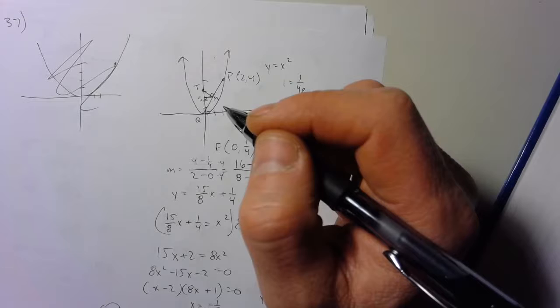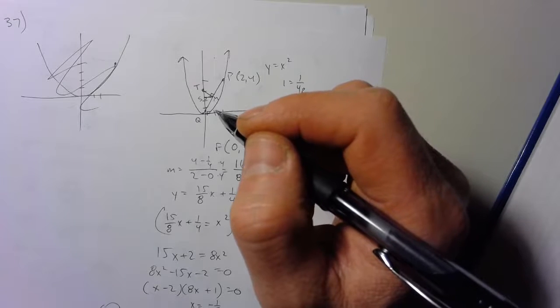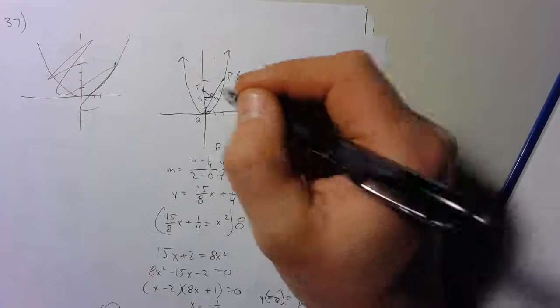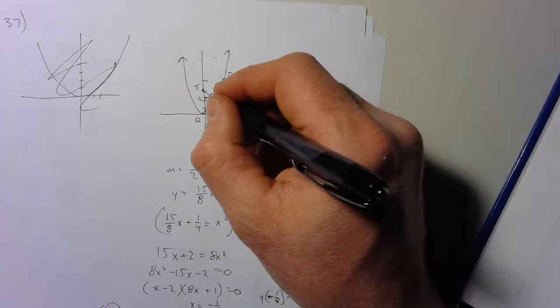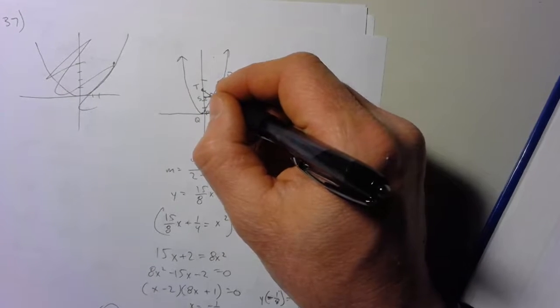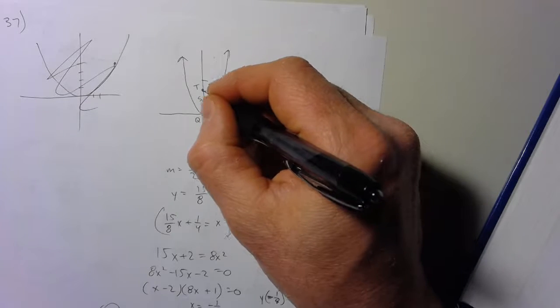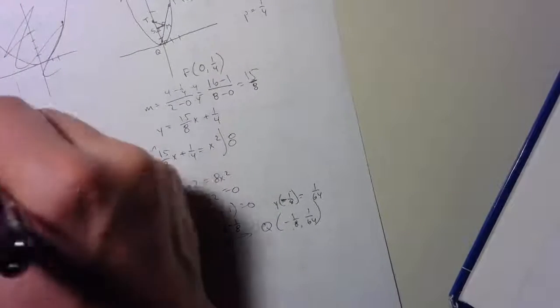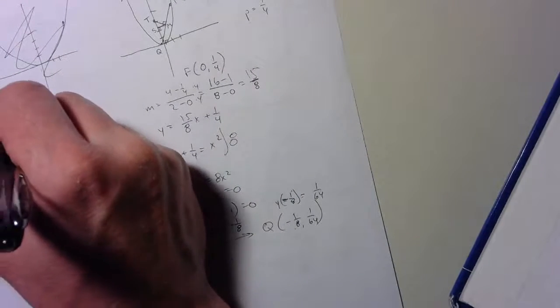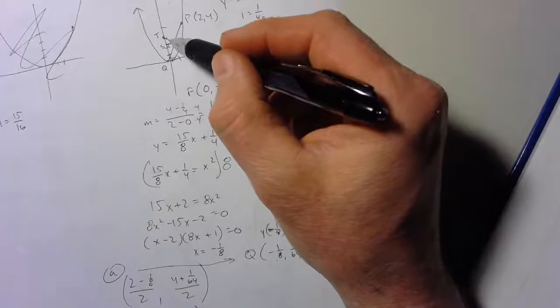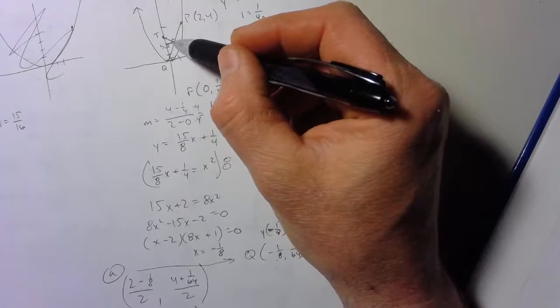Find ST and verify that it's equal to 1/2 the length of the focal width of the parabola. Okay, so if we're going to look at that, now we know what the coordinates of this are, right? Because we know the coordinates of this right here, this is going to be 15/16. So SM, because it's perpendicular, we know that for certain, right? Because that's just the x value coming off of it.